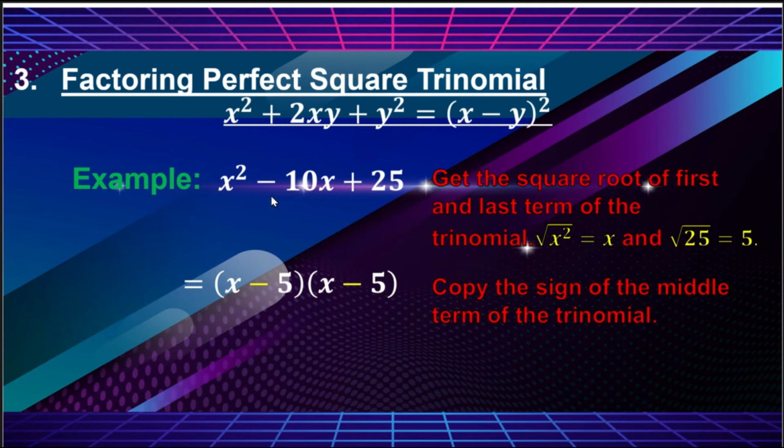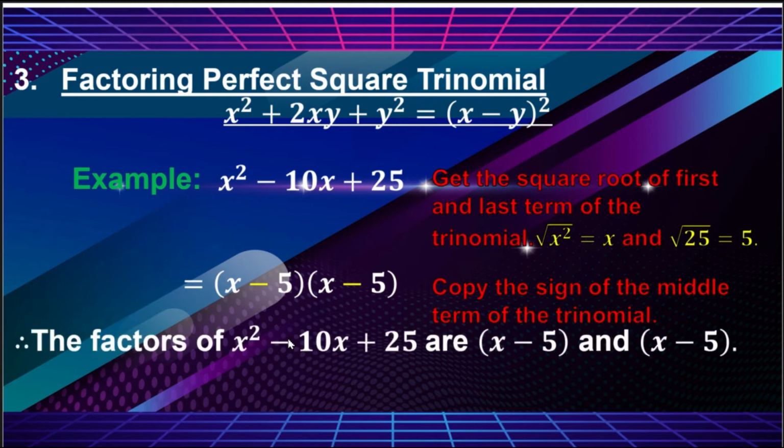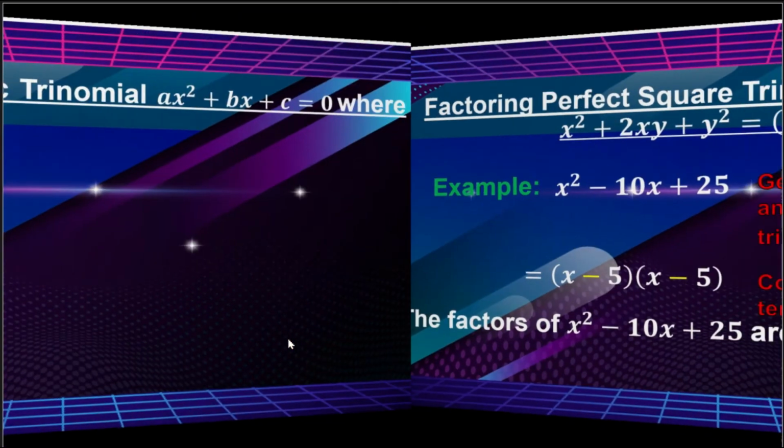Since the middle term is minus, we copy the minus sign. Therefore, the factors of x squared minus 10x plus 25 are x minus 5 and x minus 5.